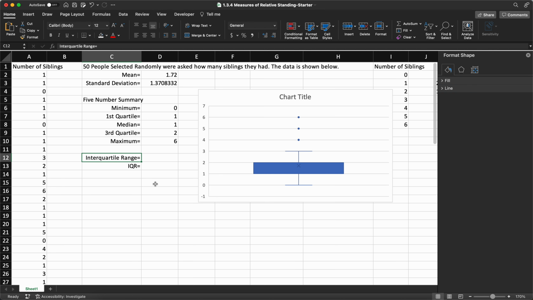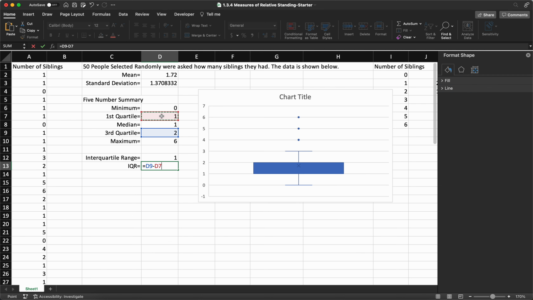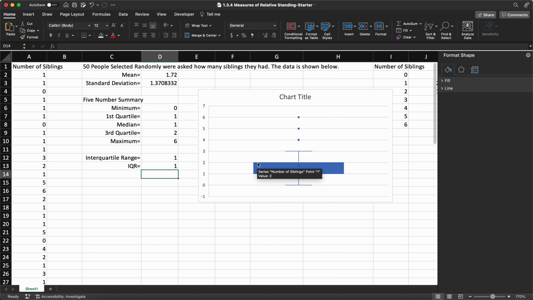So to find the interquartile range, which there is no built-in function for, I'm going to take Q3 and subtract Q1. And so in this case, it's just 1. And you can see the width of the box here is actually 1. So the distance between the third quartile and the first quartile is called the interquartile range.